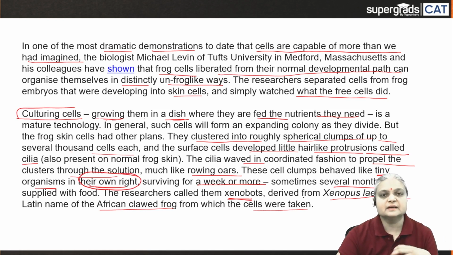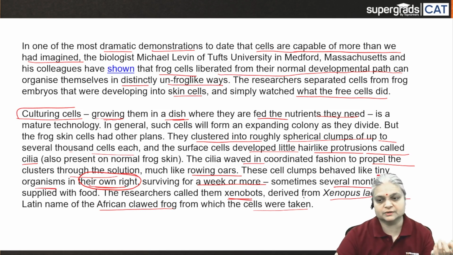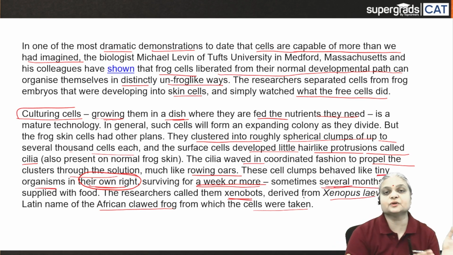They are showing features or shapes which are not there in the frog, or which are similar to the frog but they have their own features as well. They could survive for even a week or more, even sometimes several months, as an individual organism.